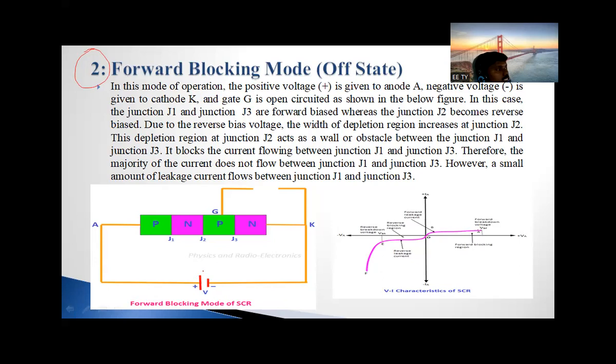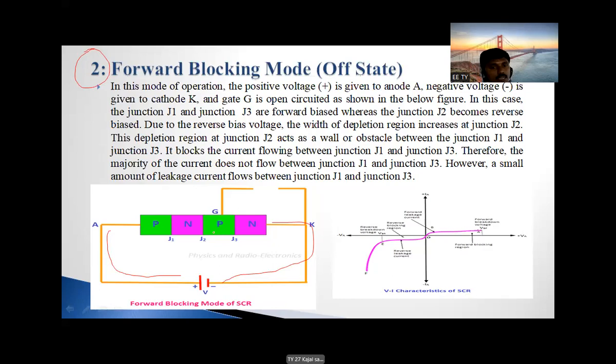The anode is connected to positive and the cathode is connected to negative. And the gate is still open, with no voltage applied to the gate circuit.